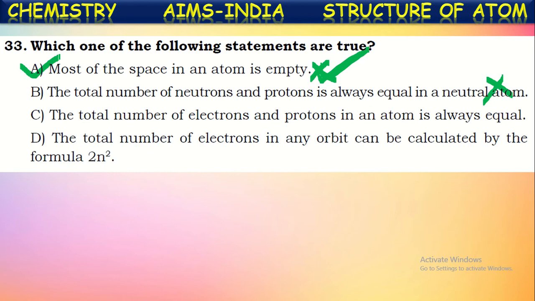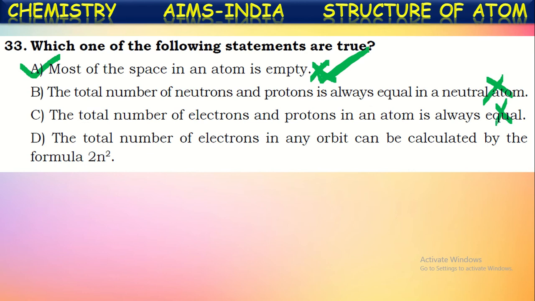See the next one. The total number of electrons and protons in an atom is always equal. Can we say this? No. This is also incorrect. The number of electrons and protons is equal in neutral atoms, but it is not always equal, because sometimes atoms lose electrons or gain electrons.